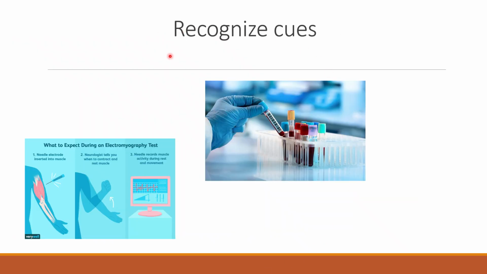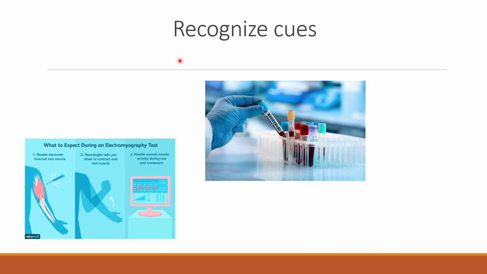So we've recognized the cues, and then we also need to analyze them, right? We need to correct or manage the underlying cause, and we need to figure out what might be causing it.